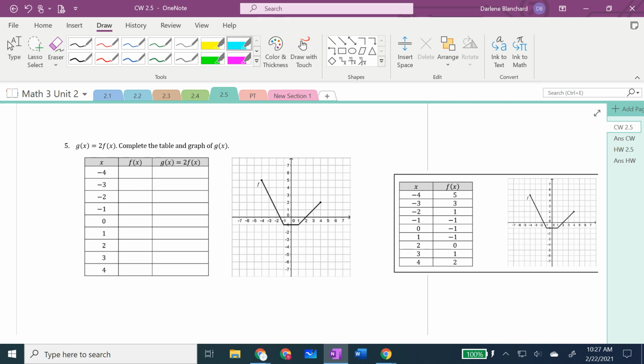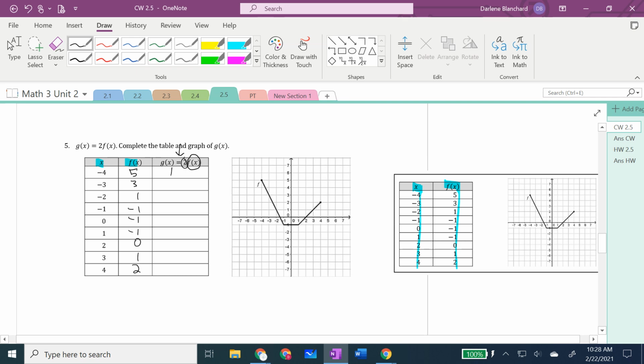Now, I want to point out that we have our x and our f of x. So I'm just going to match these columns right up. This column will be 5, 3, 1, negative 1, negative 1, negative 1, 0, 1, 2. Now this column is telling me that I'm going to take those values that I just wrote down and I'm going to multiply them by 2.